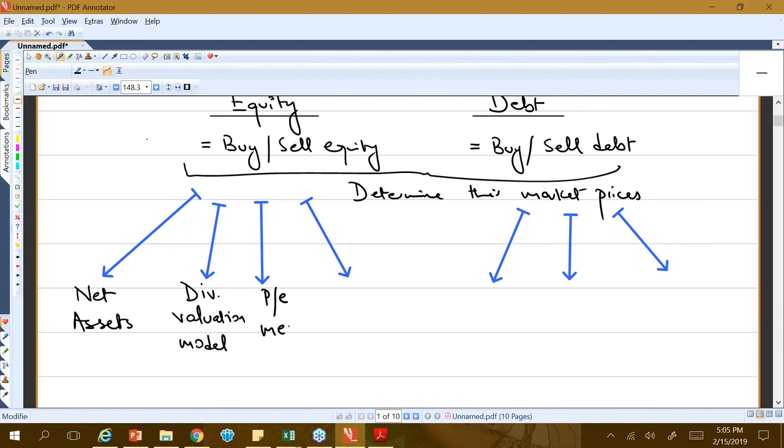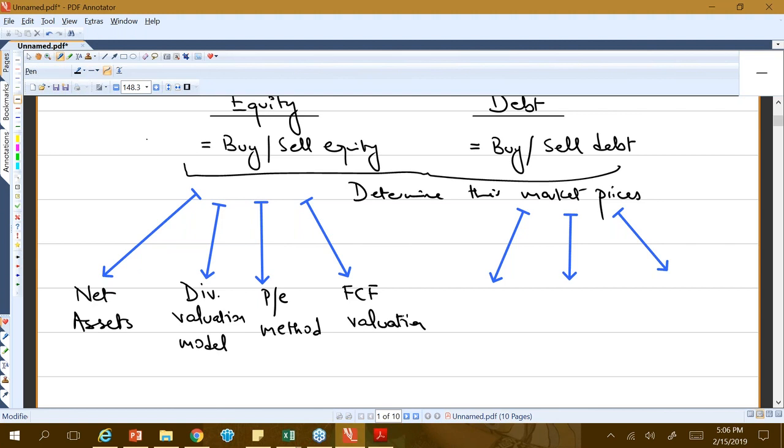We'll look at the PE method. And we will also look at a bit of free cash flow valuation, FCF valuation. So these are the 4 ways we're going to look here to value equity.